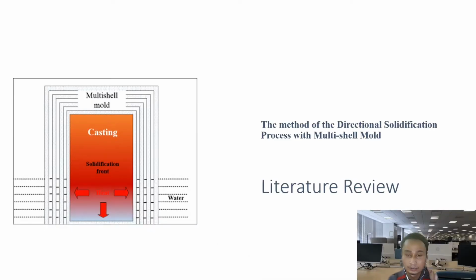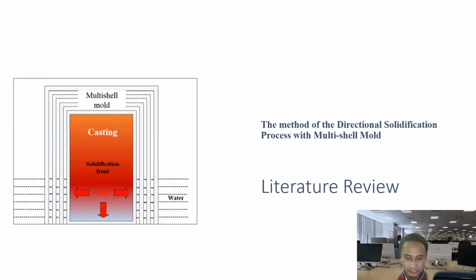Hello, I am Shad. I will explain the literature review I have conducted for the method of the directional solidification process with metal shell mold. The method is shown to work after the pouring, where the same mold is progressively submerged by controlling the exit of the cooling water.